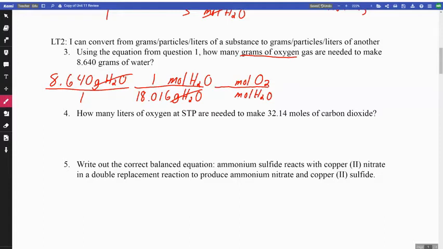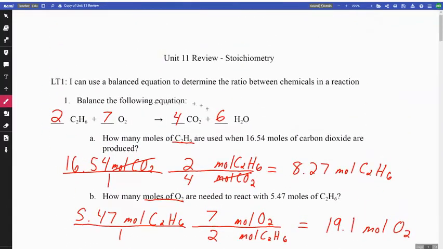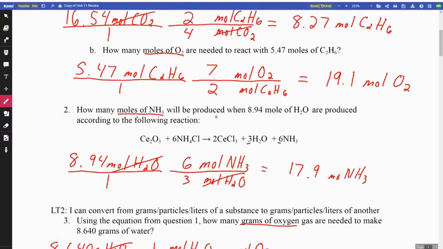Okay. Now, again, we have moles on top, moles on bottom. That's our mole ratio. So we look up here. We find our coefficients for oxygen and water. Oxygen is 7, water is 6.